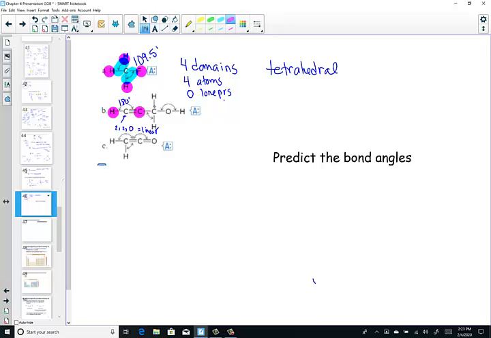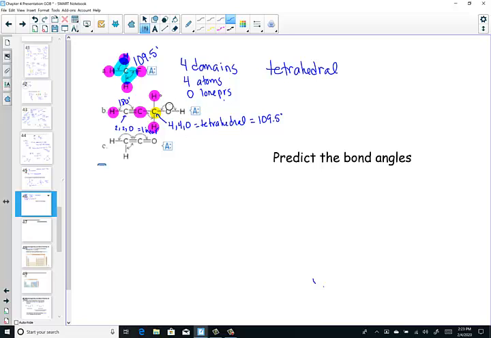Oh, I should make that a different color. Let's make it bright yellow. How many things is it attached to? Well, 1, 2, 3, 4 attachments. So that means this carbon has a VSEPR count of 440, which means it's tetrahedral, which means that bond angle is 109.5 degrees.